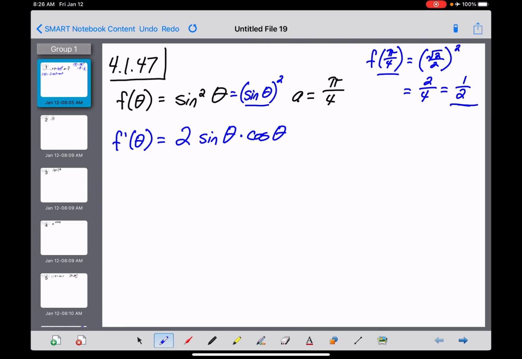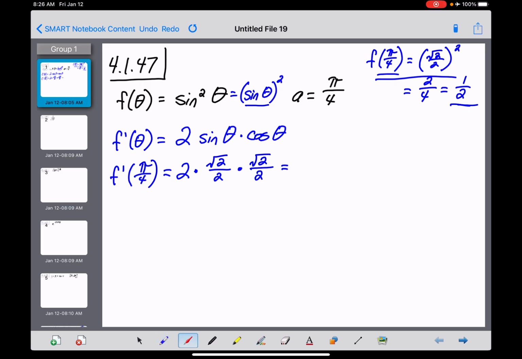So there's your derivative, and we now need to evaluate that derivative at our a value of pi over 4 to get the numerical slope of our tangent line. So that'll be 2 times sine of theta, we just did that work up at the top right, which is root 2 over 2. And because we're at a 45, 45, 90 triangle, cosine is the exact same value, root 2 over 2.